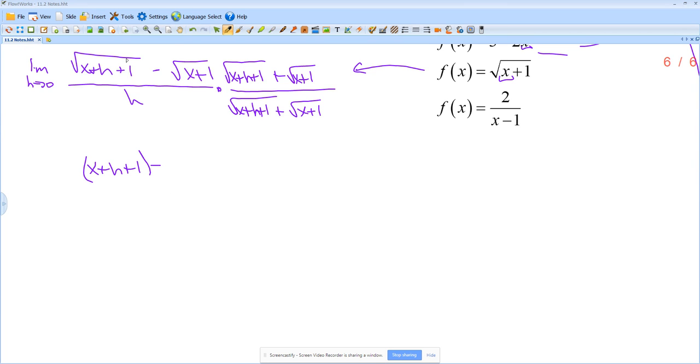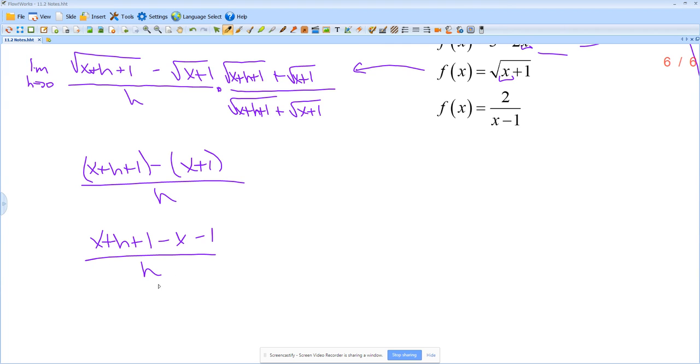That's from these first radicals multiplying. And then when these binomials multiply, I'll have negative x plus 1 all over h. So that becomes x plus h plus 1 minus x minus 1 over h. My x minus x cancels. My 1 minus 1 cancels. My h over h will cancel now, because that's all I have left.